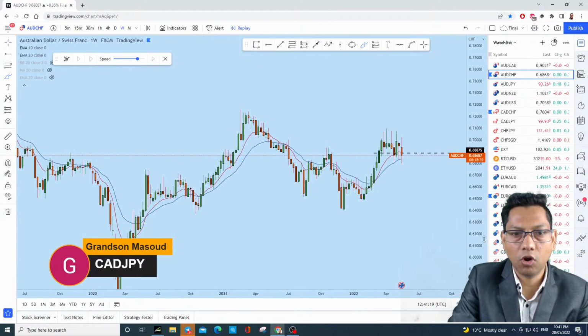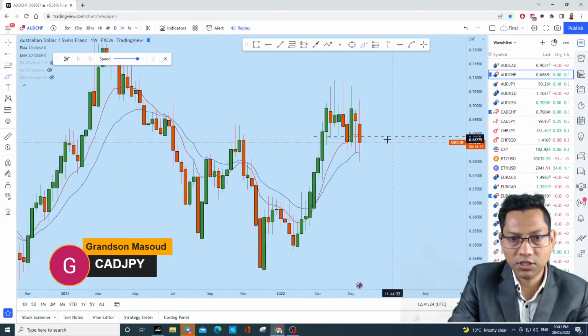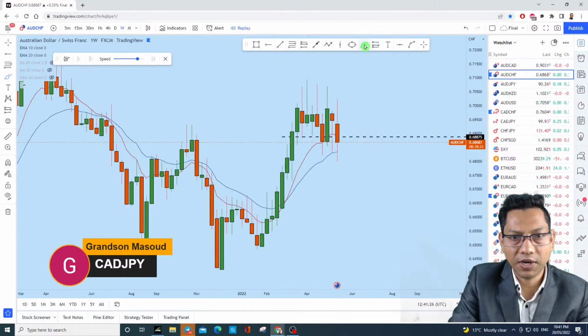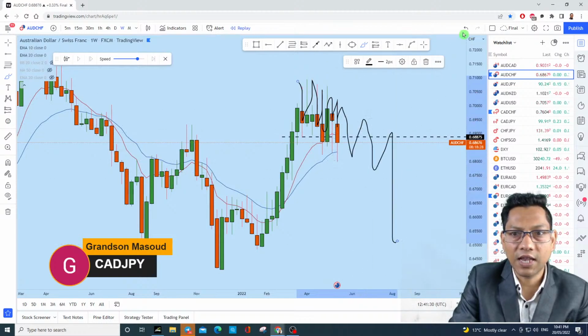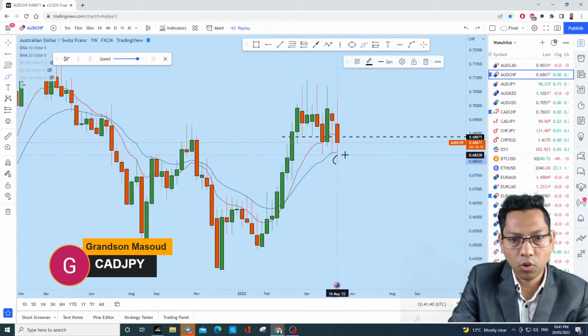You see, over the long term this is a bearish market, and the price has created a nice pattern. This is a long consolidation on AUD CHF. That's a sign of trend change. In this consolidation the price created a series of lower highs, and this week we have seen the price break all these lows, now creating a bearish candle.